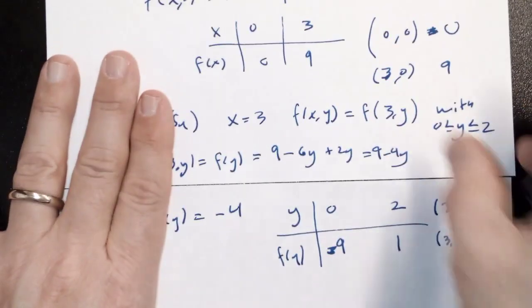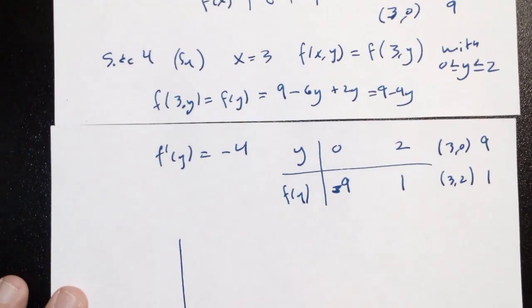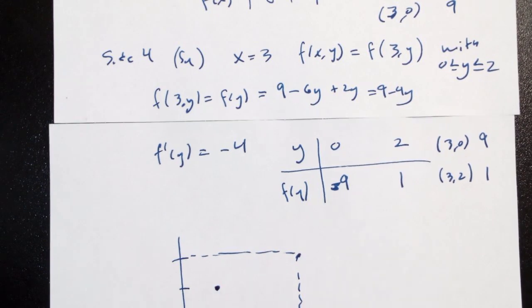So let me go back to the picture. I'll redraw the picture just for the moment. Here is my rectangle. We had a critical point at (1, 1).